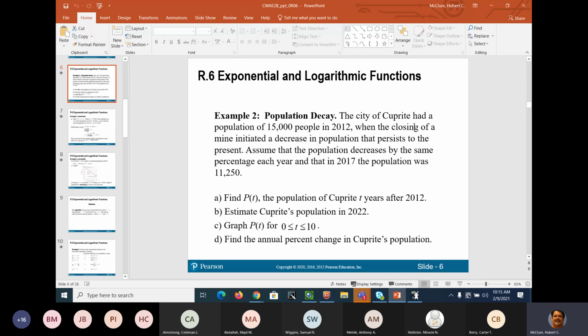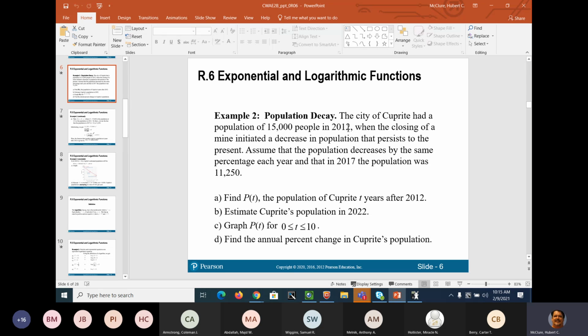The city of Kuprit had a population of 15,000 people in 2012, when the closing of a mine initiated a decrease in population that persists to the present. Assume that the population decreased by the same percentage each year, and that in 2017 the population was 11,250.